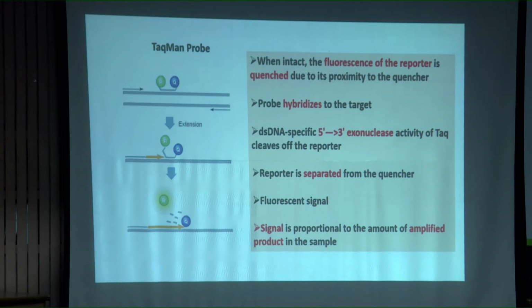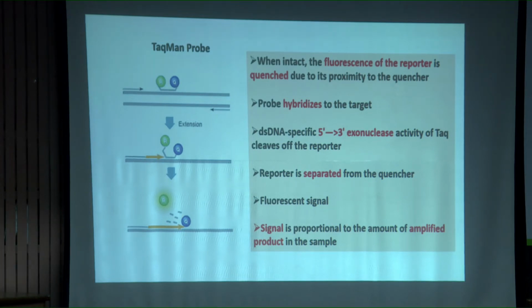You should understand the role of this exonuclease activity. It strips off the nucleotides. It is exactly opposite to the polymerase activity. What does polymerase do? It adds. The same enzyme does another function, 5' to 3' exonuclease activity. So we are exploiting this particular activity in probe-based detection.